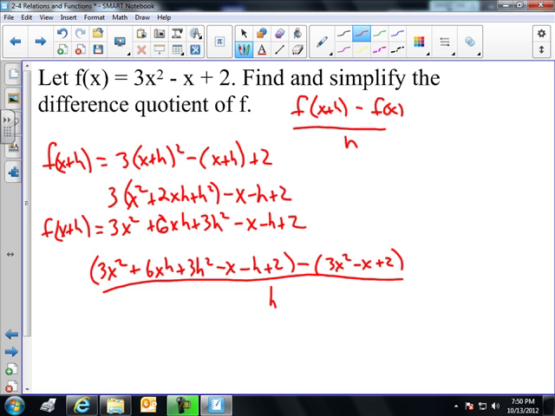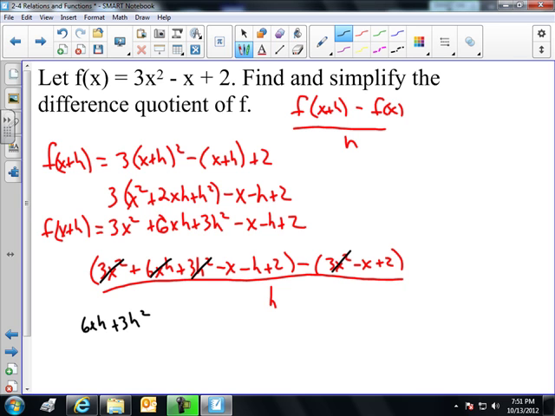All right, as crazy as that looks right now, things are always going to cancel when you find this difference quotient. A lot of things cancel. 3x squared, 3x squared, since you're subtracting those, actually cancel. 6xh, okay, we can't combine that with anything, so that's still there. 3h squared, we still have that, so plus 3h squared.